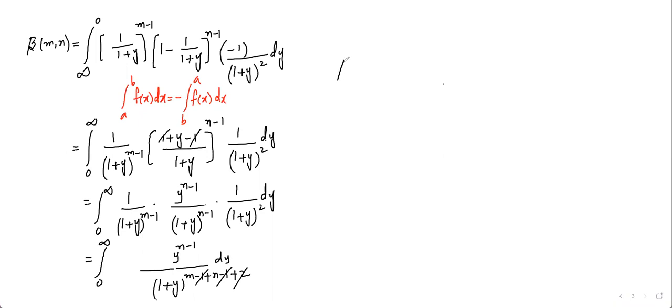So beta of m comma n is equal to 0 to infinity, y to the power of n minus 1 divided by 1 plus y whole to the power of m plus n, dy.